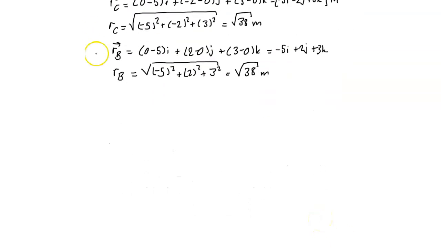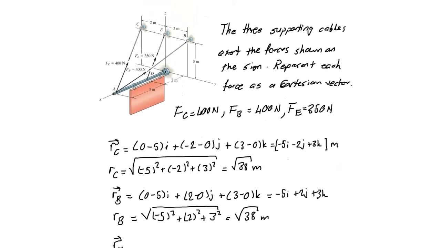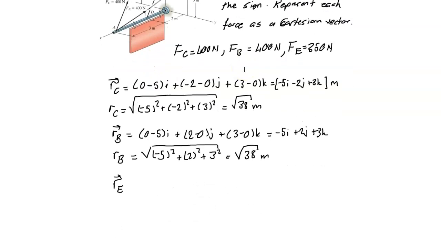Okay, so we continue with writing vector RE for our cable DE. The coordinates for point D and the coordinates for point E give us our RE vector.